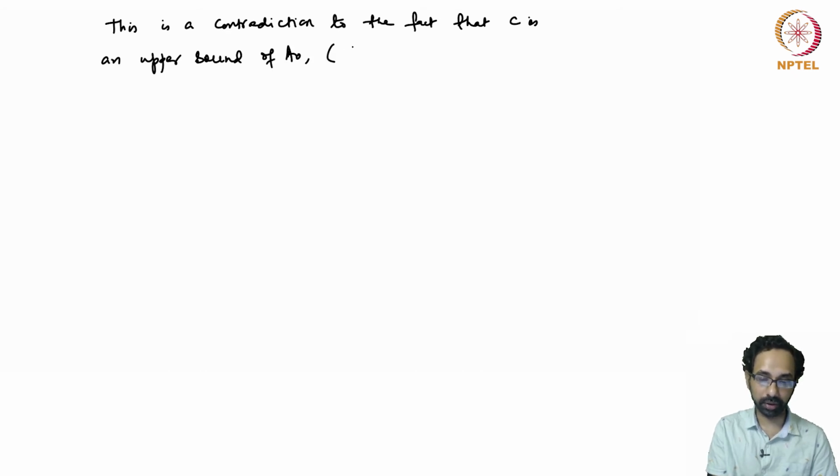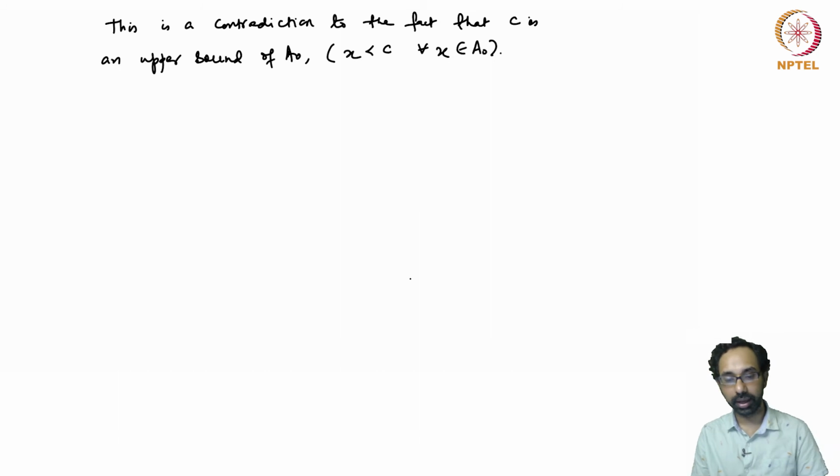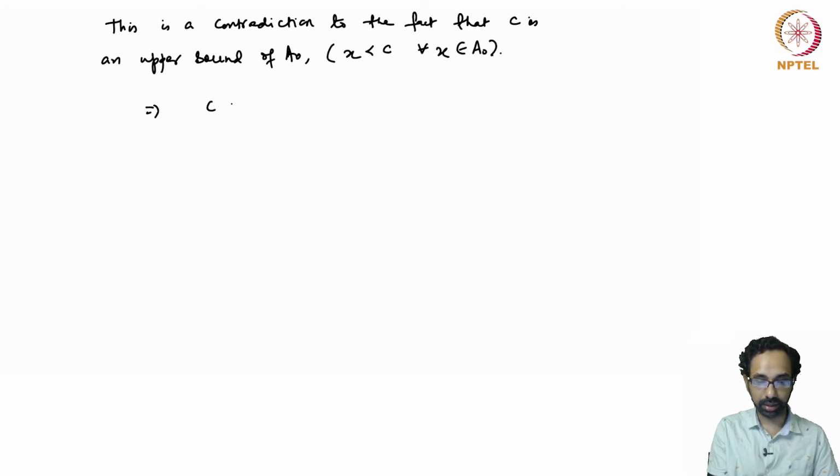So x is less than C for all x in A0. Let me write it as x, because A was already chosen. So this is a contradiction, and so we see that C cannot belong to A0.